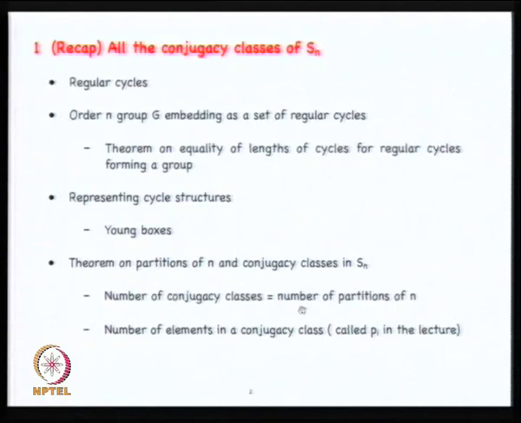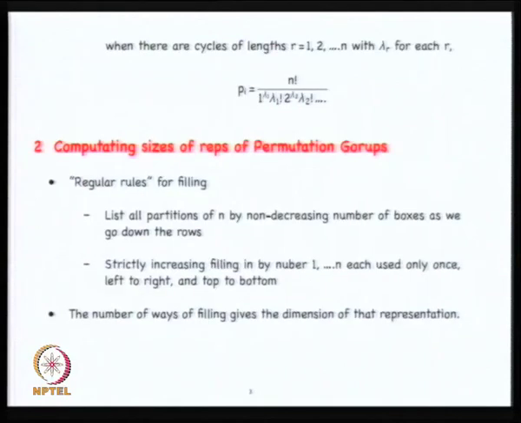So, the number of conjugacy classes is equal to the number of partitions of n for the group Sn, and the number of elements in a particular conjugacy class we had designated pi while we discussed the theorems about orthogonality. We said sum over pi times the character of that class squared, etc.